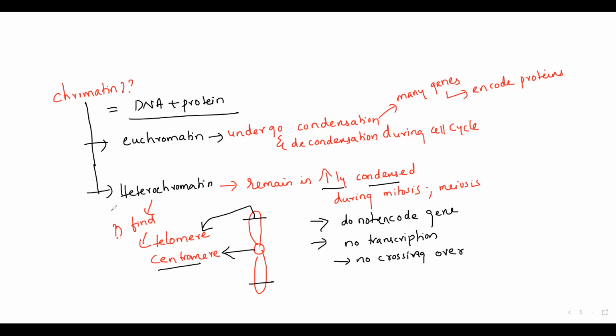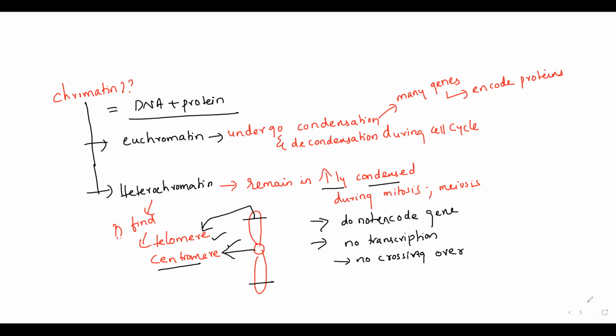Remember, there are even different types of heterochromatin, like the constitutive and the facultative. The constitutive is nothing but the ones which are present in the telomere and centromere, which are completely, permanently condensed, and do not encode any particular gene. Okay, that is going to be your heterochromatin.